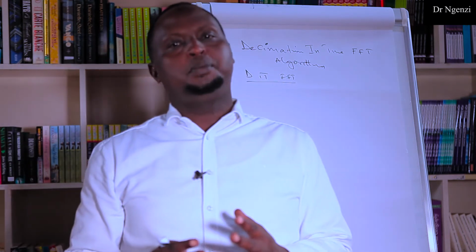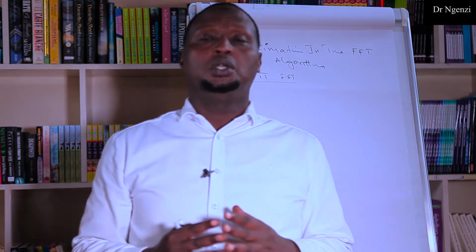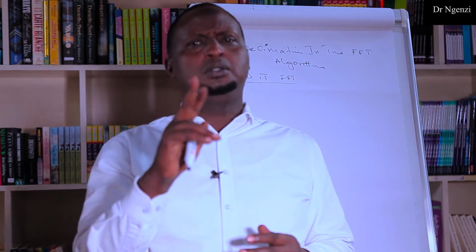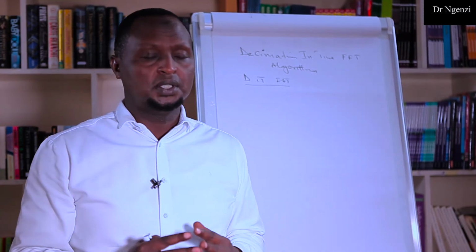As I said, if you have a number of samples that you want to compute, remember we are still focusing on two properties of the DFT, which can be enhanced using the FFT.